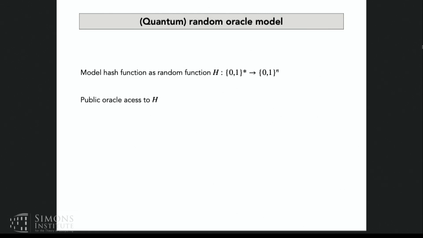And to keep at least some connection to reality, in the case where we are talking about quantum attackers, we need to assume that everybody has quantum oracle access to this function, right? Because in reality, we're dealing with a concrete function. Everybody can implement it on their quantum computers if they have one. So we should at least allow quantum evaluation of this random function if we model our concrete function as such.